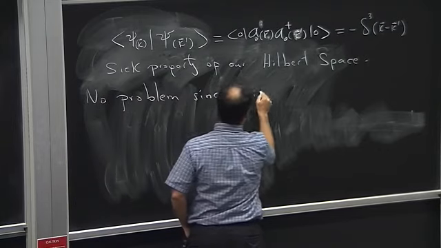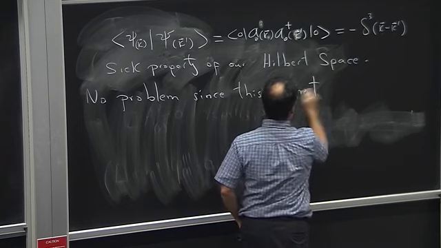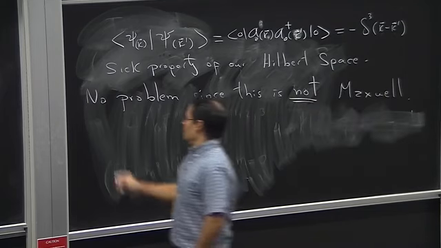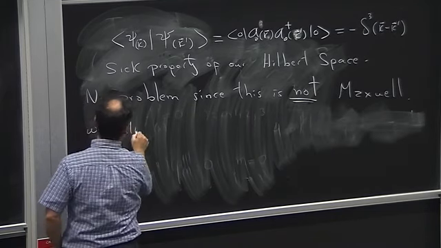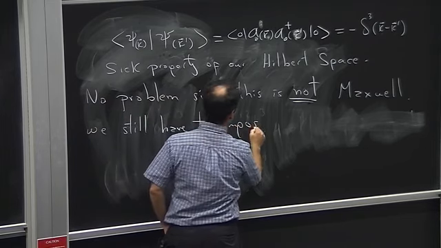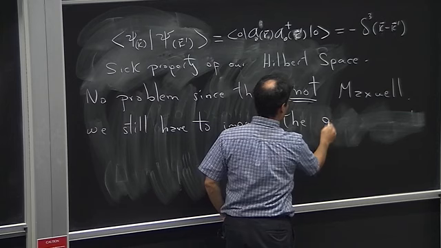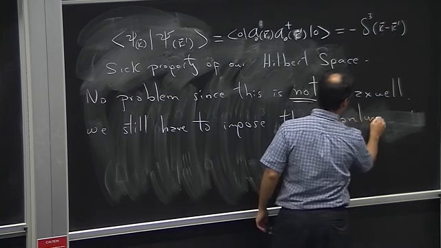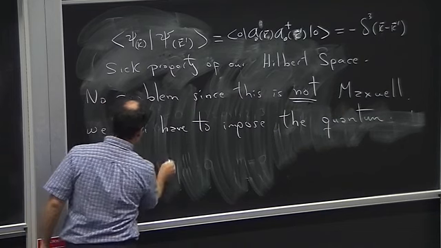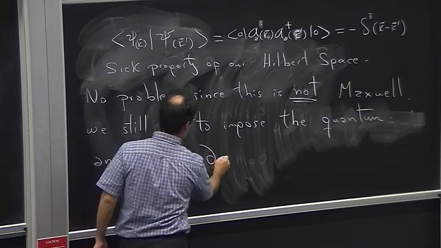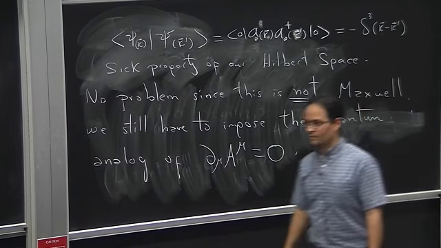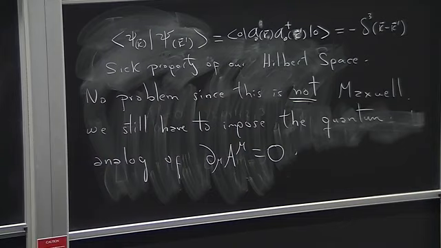Since this is not Maxwell, we still have to impose the analog of the constraint to make it Maxwell theory.